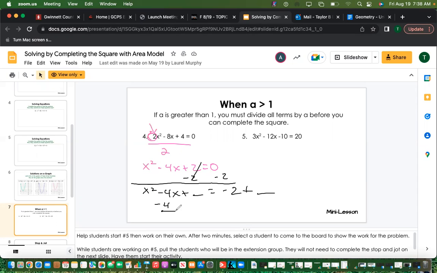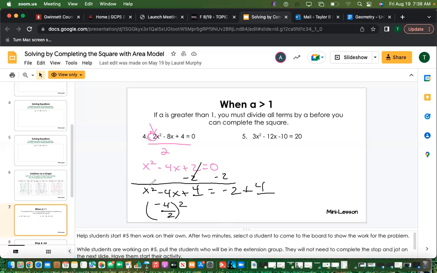Take -4, divide it by 2, square it. So -4 divided by 2 is what? -2. -2 squared is what? What's -2 times -2? +4. Okay.